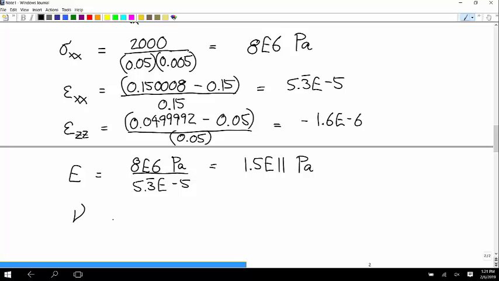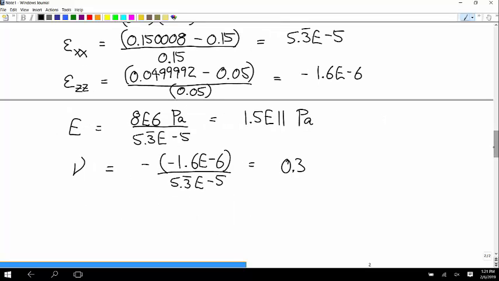And Poisson's ratio is negative of another negative, negative 1.6 times 10 to the minus 6 divided by 5.3 repeating times 10 to the negative 5. And what do you get for that? 0.3? Ooh, I planned it that way.